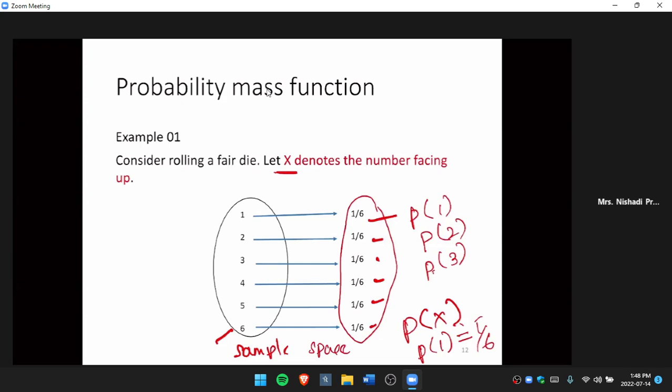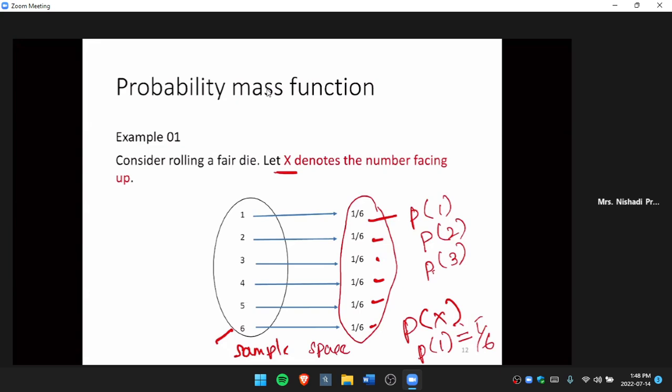A probability mass function is a function which gives the probabilities of each and every value of the random variable. But in this case, we can use either that mathematical function or just a table to represent the probability distribution of the random variable x.